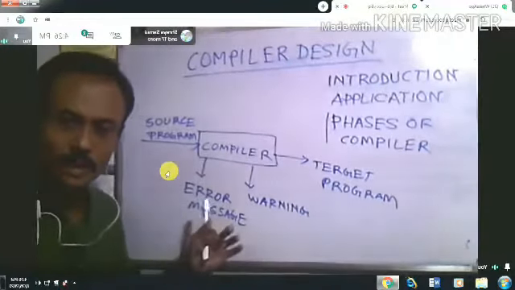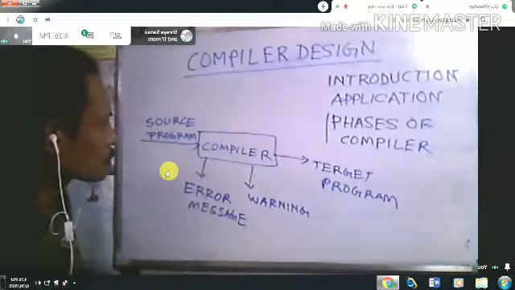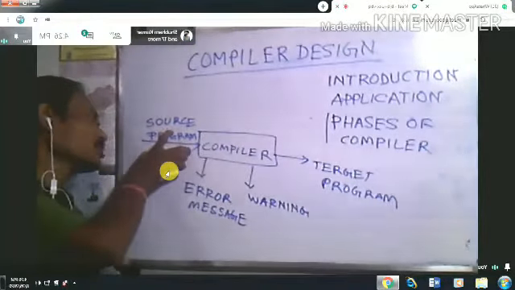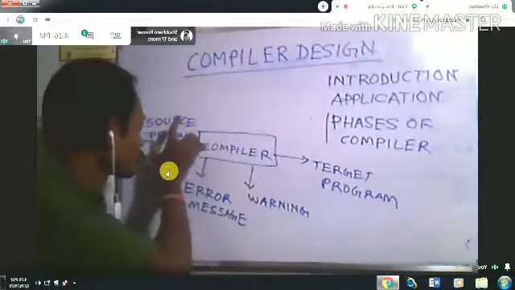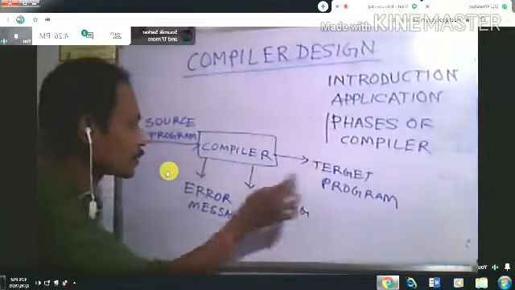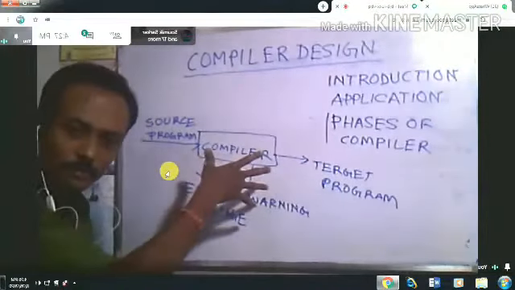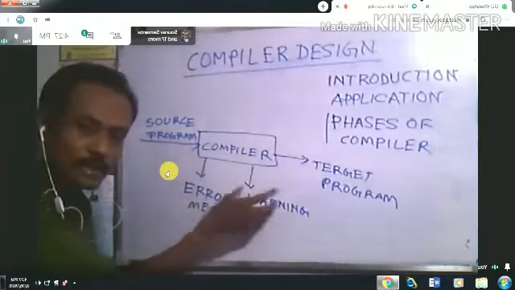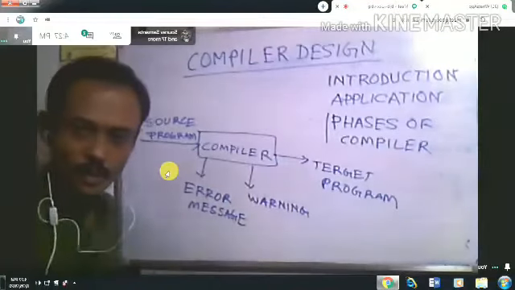So these are the input and output of a compiler: the input is the source program, the output is the target program, and as a byproduct you can get the error message and the warning.